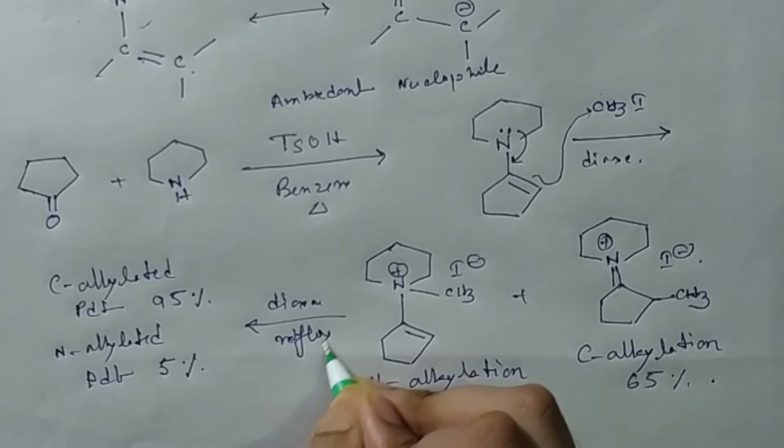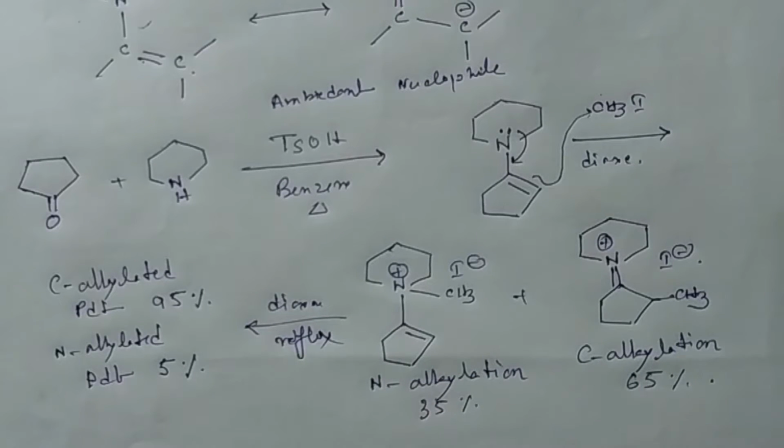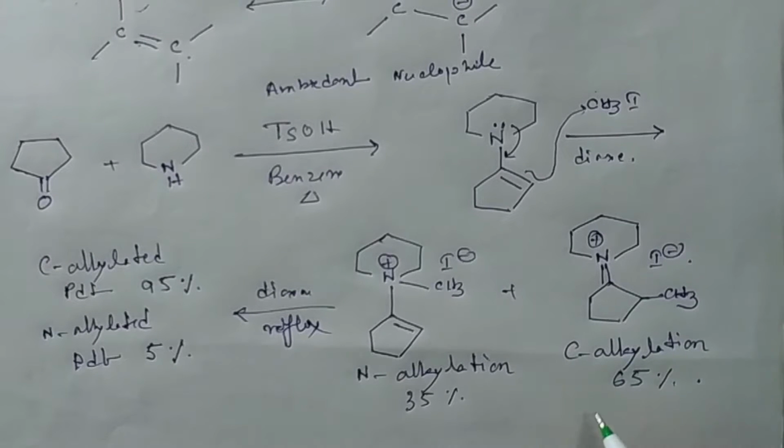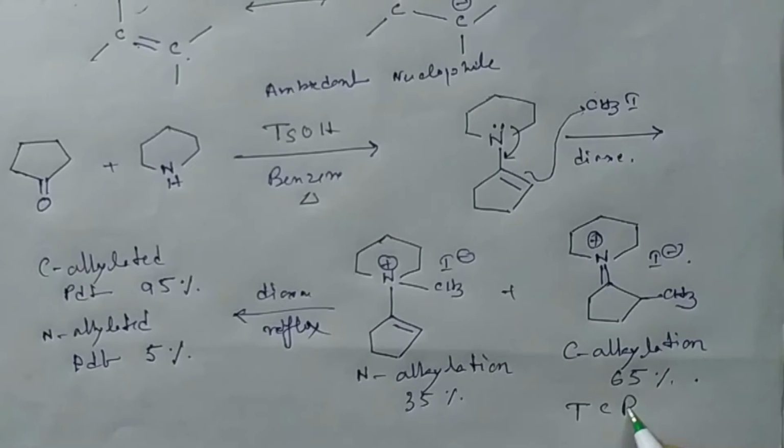If we reflux this reaction mixture in dioxane in the same reaction medium for a very long time, you can only conclude one thing: that the C-alkylation product is our thermodynamically controlled product, that is the TCP, and the N-alkylation product is the KCP.